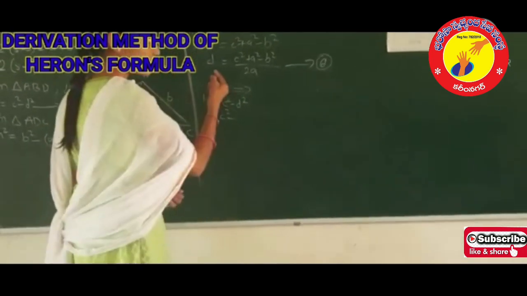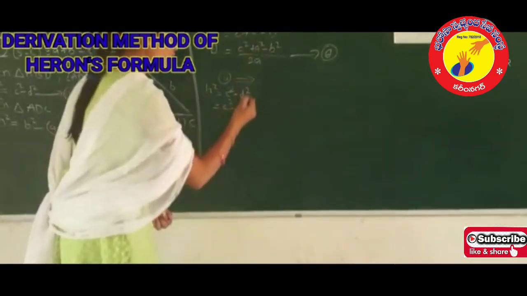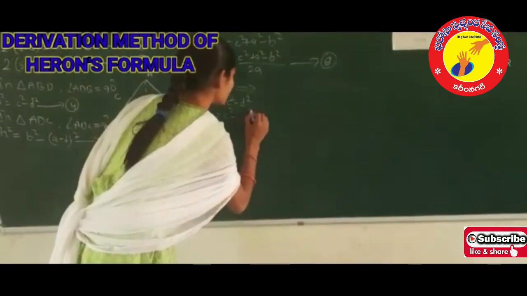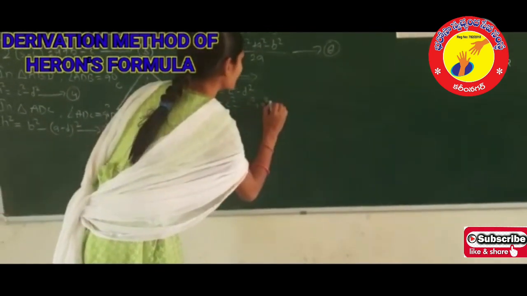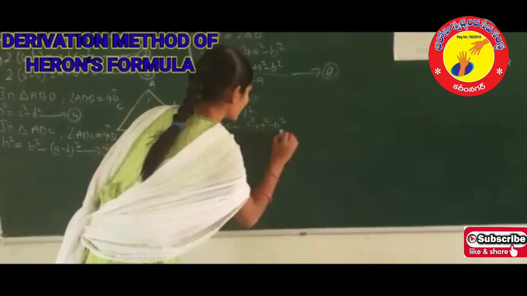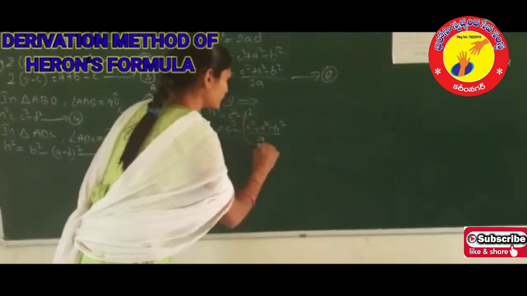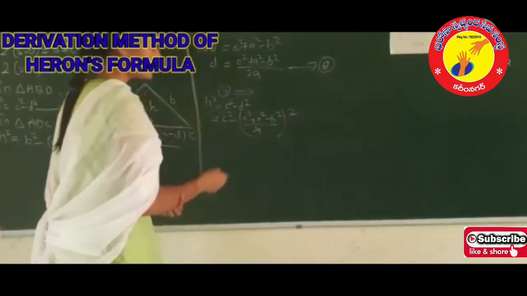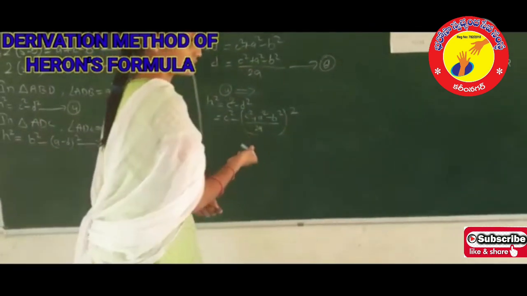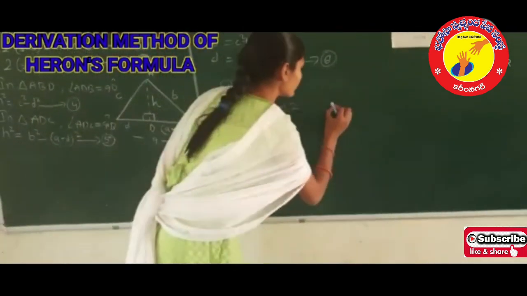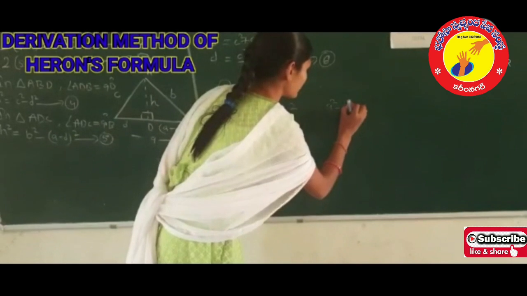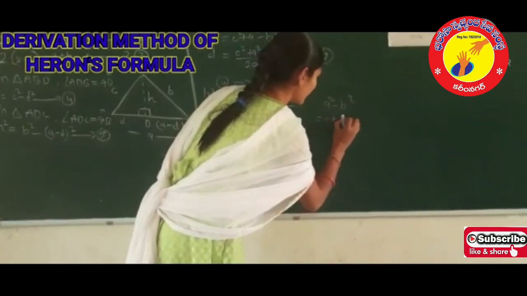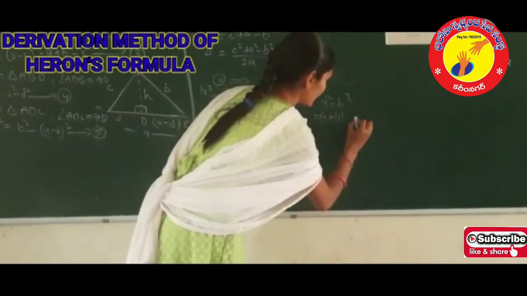In the above we found the value of d. We substitute this value. We get c square minus (c square plus a square minus b square by 2a) whole square. We see that it is clearly the form of a square minus b square, which comes to (a plus b) and (a minus b).